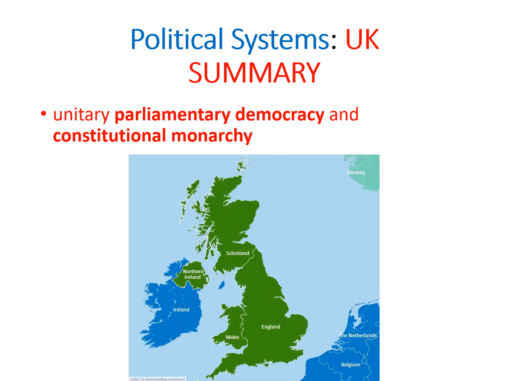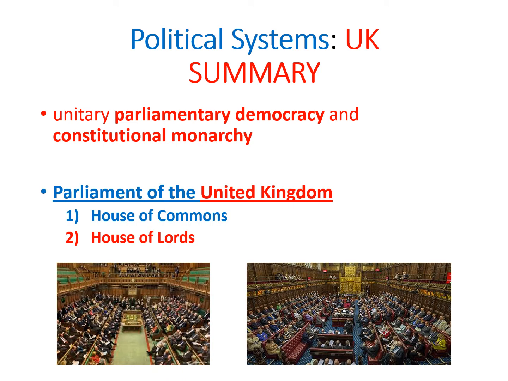And that is it. At the end, let me give you a short summary. The United Kingdom is a unitary parliamentary democracy and a constitutional monarchy. A very important part of the political system is the Parliament of the United Kingdom, and it is composed of two chambers, the House of Commons and the House of Lords.